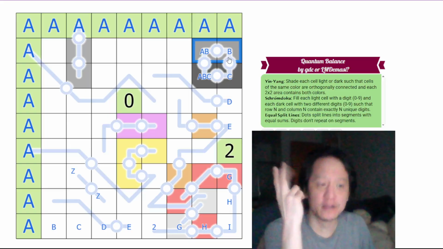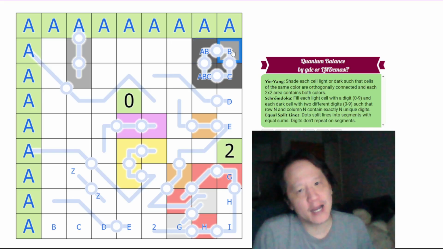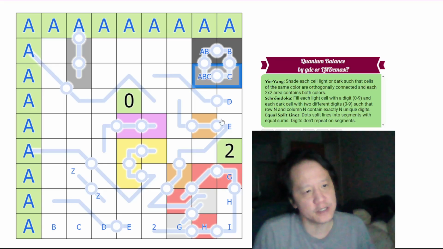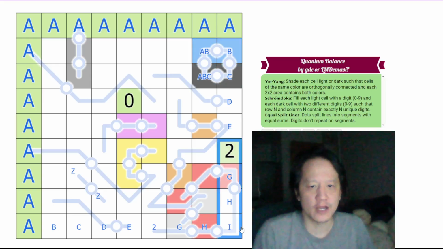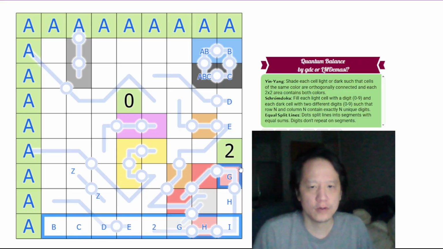So if none of them are 0, this would have to be both blue, A, B, and they would have to add up to C. I guess this could be A and B here, right? Oh, that's interesting. If that, so okay, let's say that was both blue. That means green would have to be all the way around here. So this would be green.